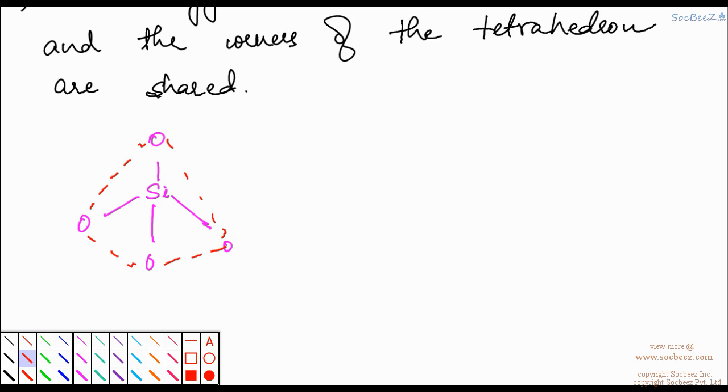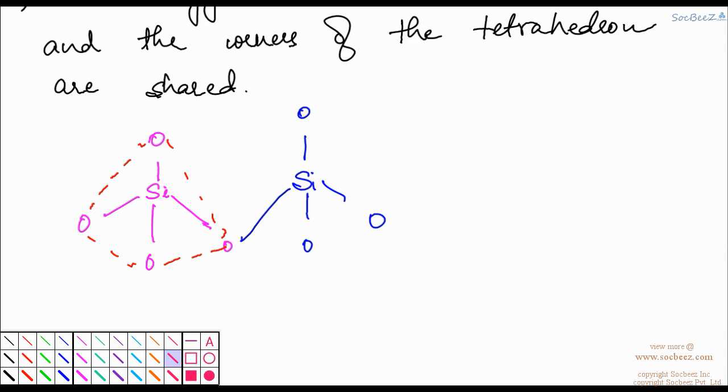Silicon would be the top of the pyramid and oxygen would form the base of the pyramid. Now consider that this pyramidal structure is repeated. There would be silicon over here, oxygen over here, oxygen over here, one oxygen over here, and this oxygen would be shared by this entire structure.